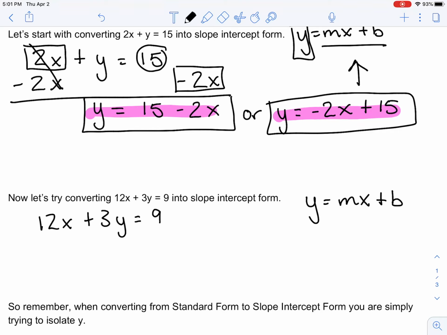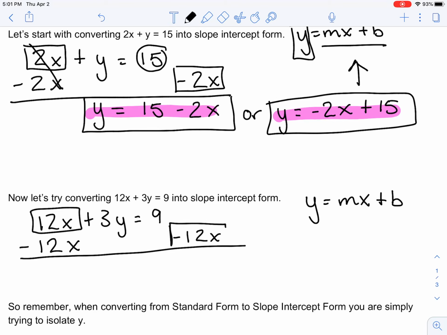So we're going to start by subtracting that 12x. Since it was positive, in order to move it, we have to subtract it. Anything we do on one side, we have to do on the other. But again, that 12x and 9 are not like terms, so we cannot combine them. Our 12x's will cancel, and we'll have 3y equals 9 minus 12x.